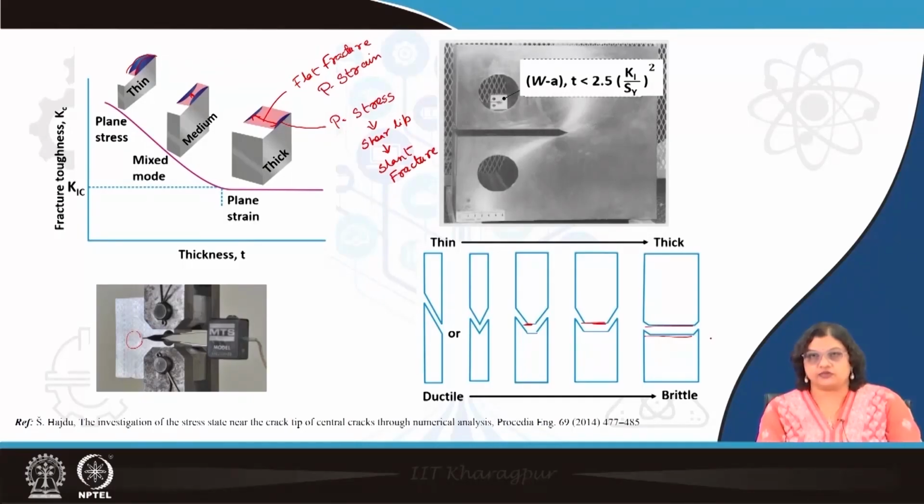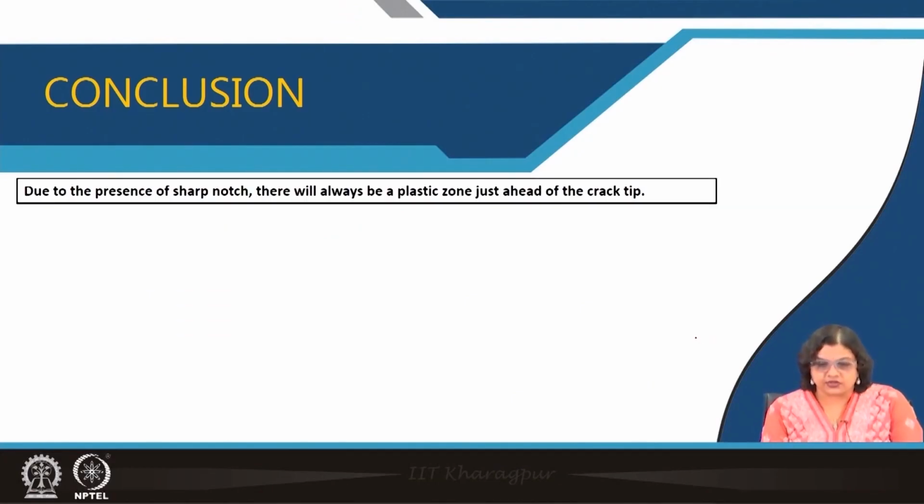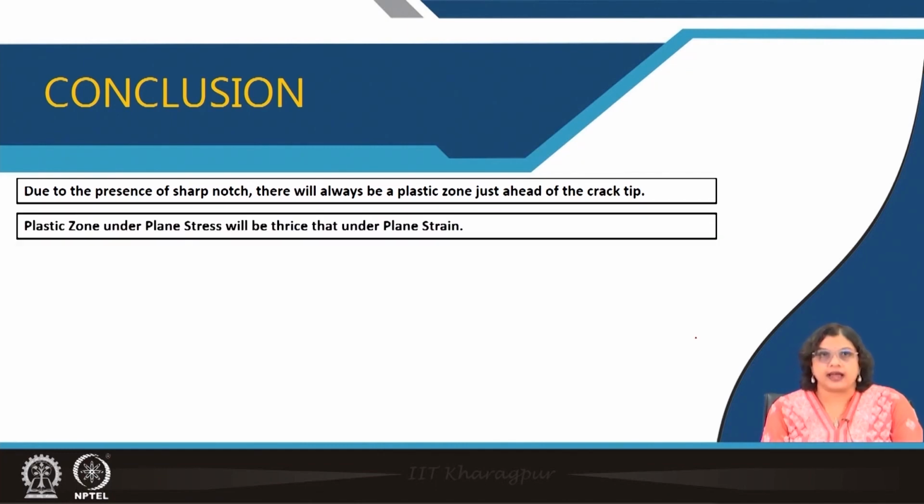which is supposed to show us a flat fracture surface. Based on this, let us conclude today's lecture. What we have seen is that due to the presence of a sharp notch, there will always be a plastic zone ahead of the crack tip, and this plastic zone under plane stress condition will be bigger, almost 3 times bigger than that under plane strain condition.